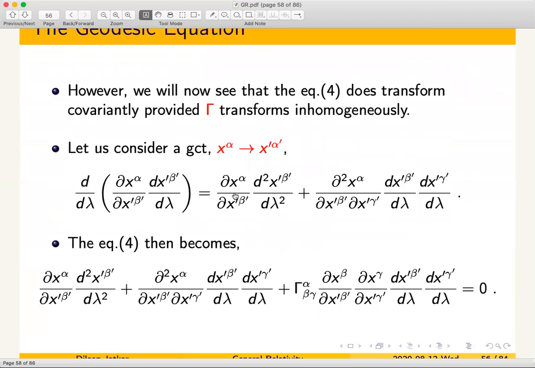We just did an arbitrary transformation and we got some lengthy expression. That expression was a repetition of what we did earlier, namely a second derivative piece throws up a term of this kind, and a gamma piece was just rewritten by replacing the unprimed coordinate system by the primed coordinate system.